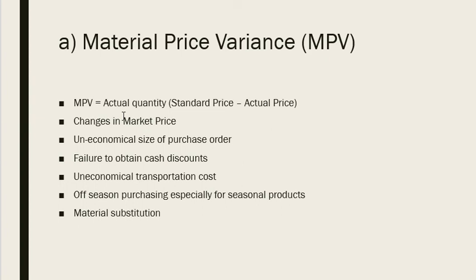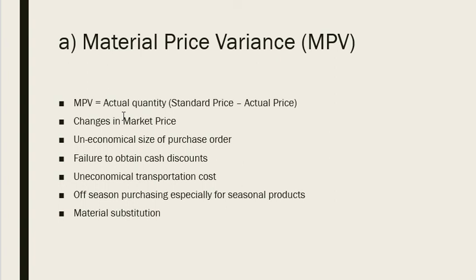When you are paying 1,300, you are incurring more. You have set a target that this year you are going to use only 3 bags of cotton, which costs 1,000, but the price is varying in your actual production. So that 1,000 minus 1,300 gives you a difference of 300 rupees. That 300 is nothing but the price you have paid in excess to the vendor apart from your standard price.